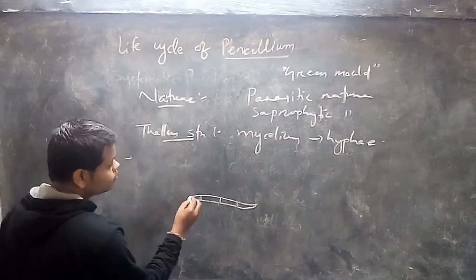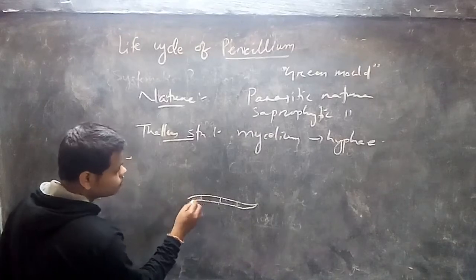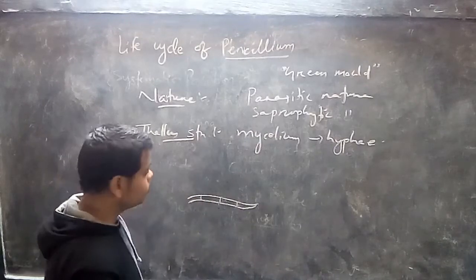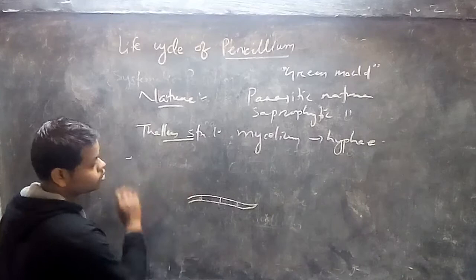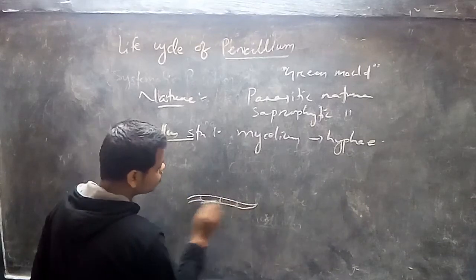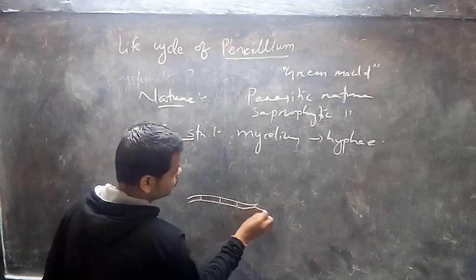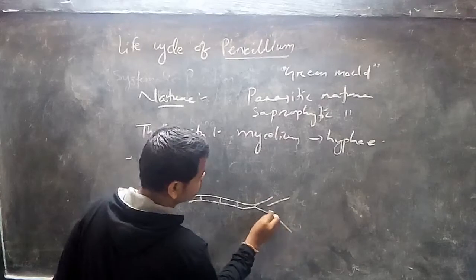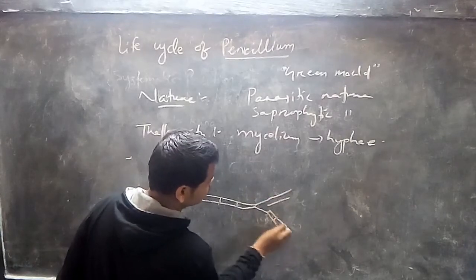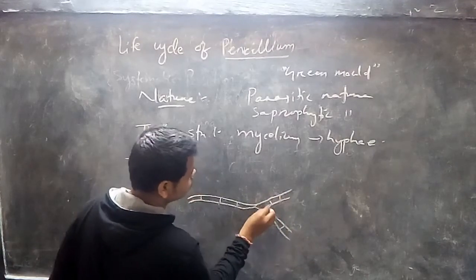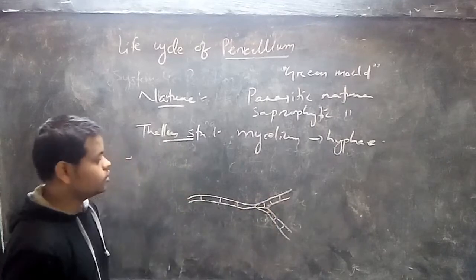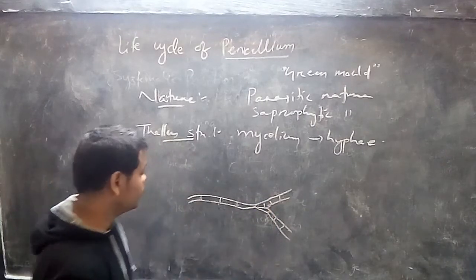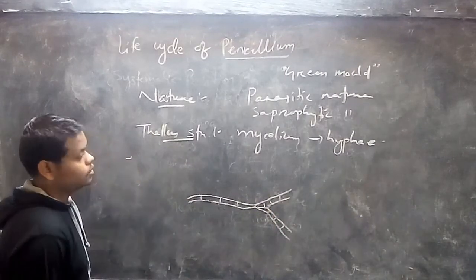Then the cell wall is present and it is made up of chitin. So this is the thallus structure. It is the hyphae. These hyphae are septate like this. These are the septate hyphae. This is the general structure of Penicillium.